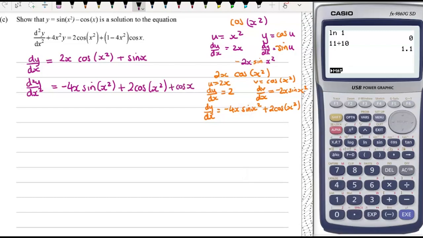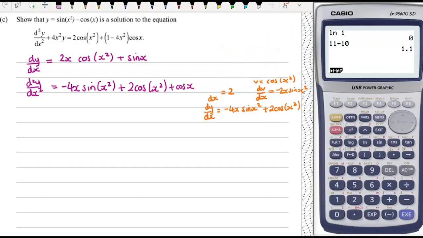I'm actually going to delete those side scribblings out the way so we're not getting confused with tons of stuff that I was showing you. Okay. Now we need to show that this will be true.